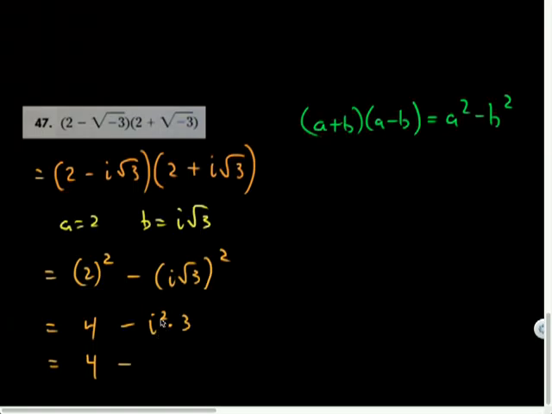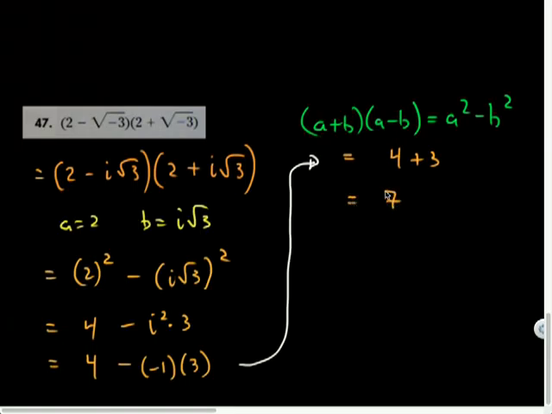Yep, 3i squared is technically more appropriate, I agree. I was just trying to be not as tricksy. Negative 1. Yeah, so that's negative 1 times 3. So that's going to be 4 plus 3, right? Let's see, so continuing over here because I ran out of room. So that's 4 plus 3, which we all, of course, know is 7. And that's the right answer.